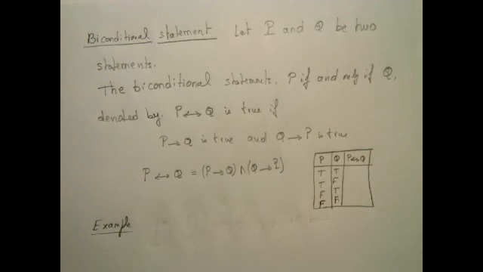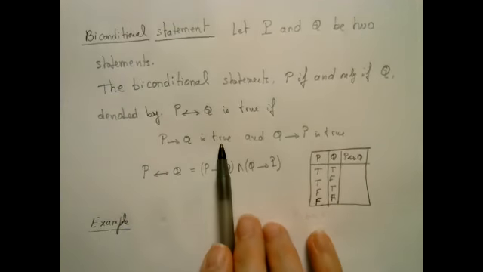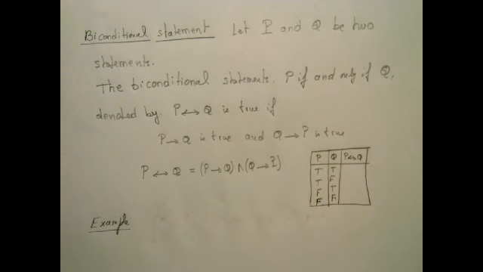So what does it mean to say that P if and only if Q is true? P if and only if Q is true if two things are true: if P then Q is true, and its converse, if Q then P, is true. Because we know that if a statement is true, the converse doesn't have to be true.